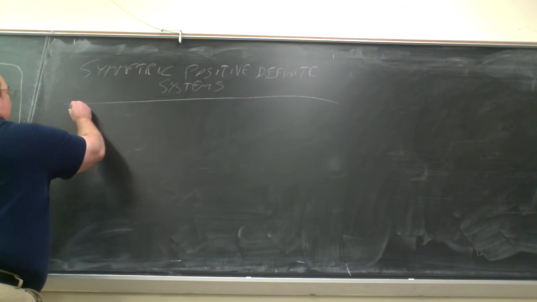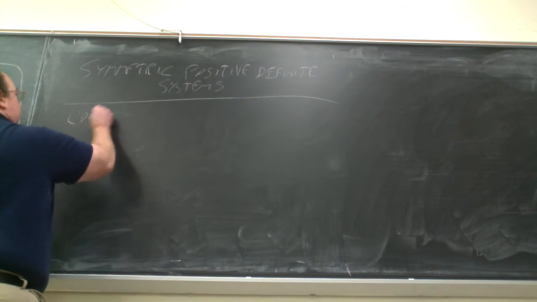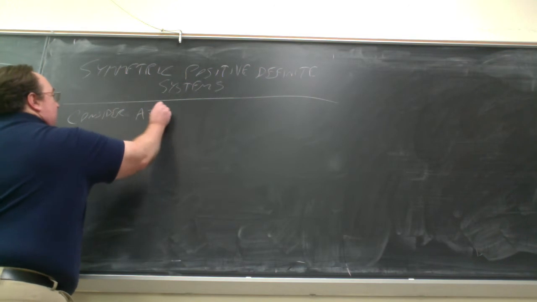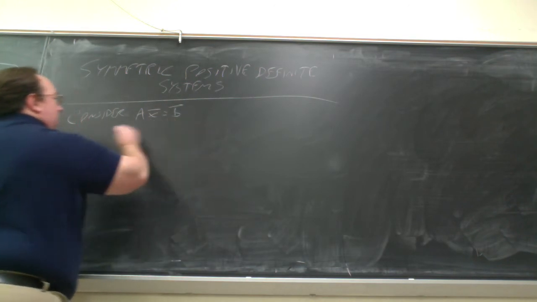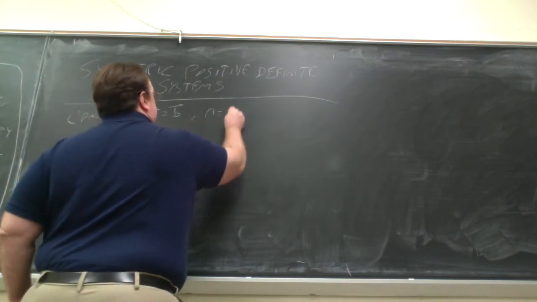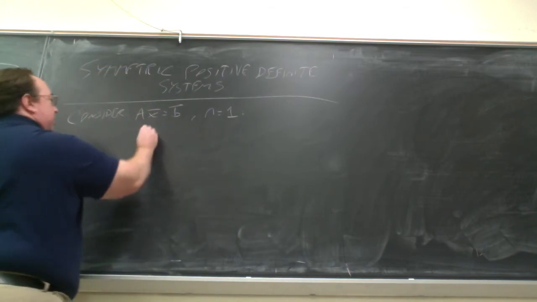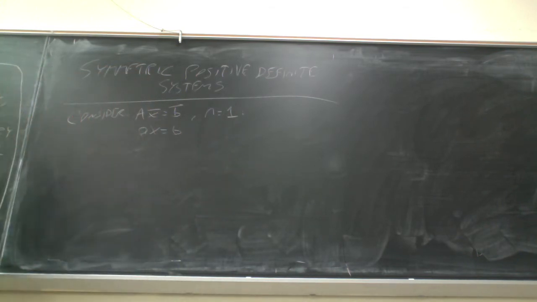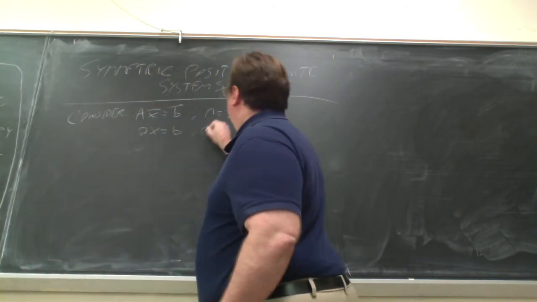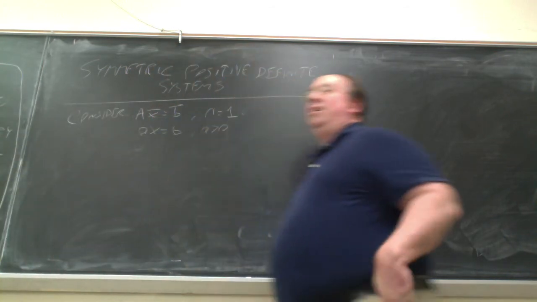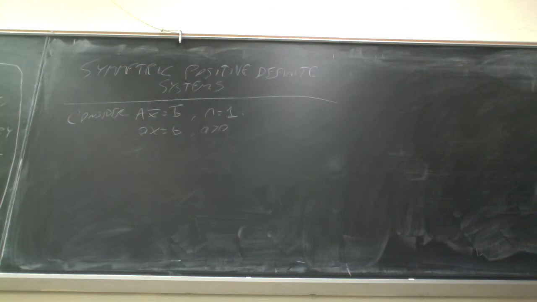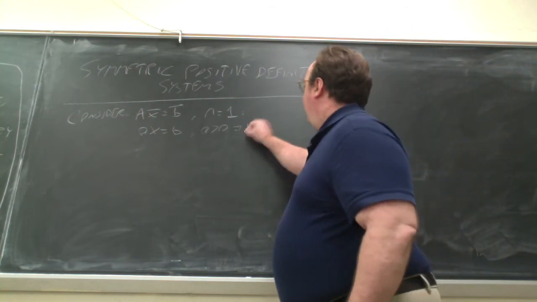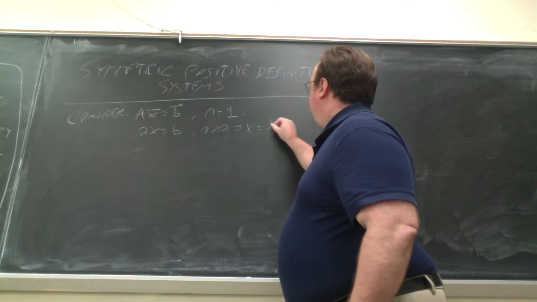Because if we consider Ax equals b, where n is equal to 1, so a trivial linear equation, Ax equals b. Now, we'll assume that a is greater than 0. So in that case, of course, the system is solvable. So you can solve for x and get b over a.